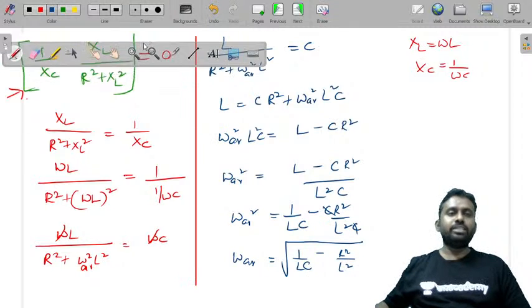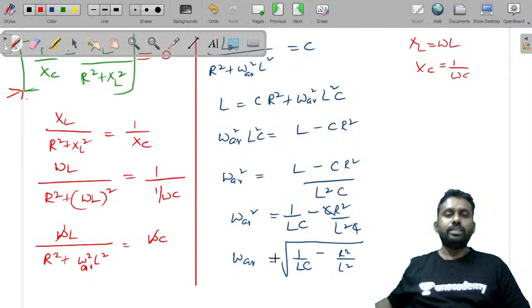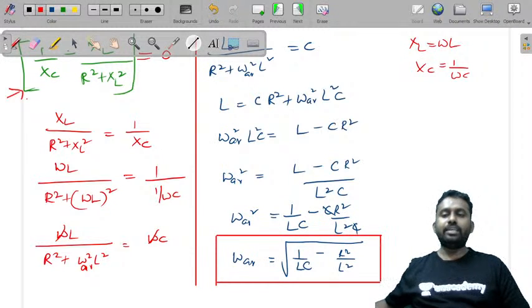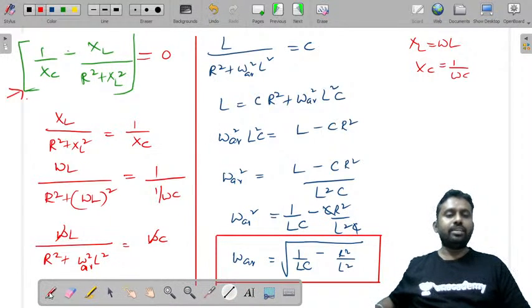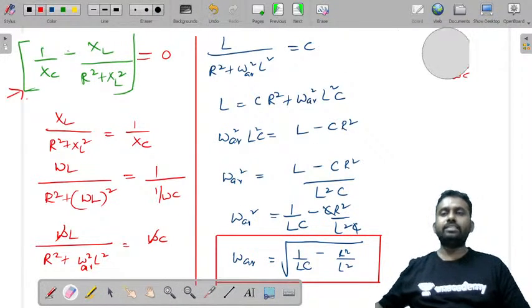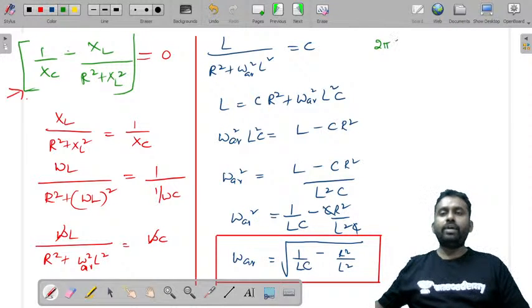So this is the expression for the frequency of a parallel resonant circuit. Furthermore, you can also write omega AR equals 2 pi f AR, which is equal to the square root of (1 by LC minus R square by L square).